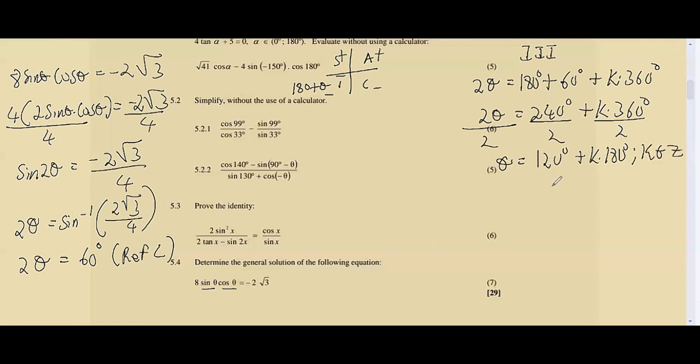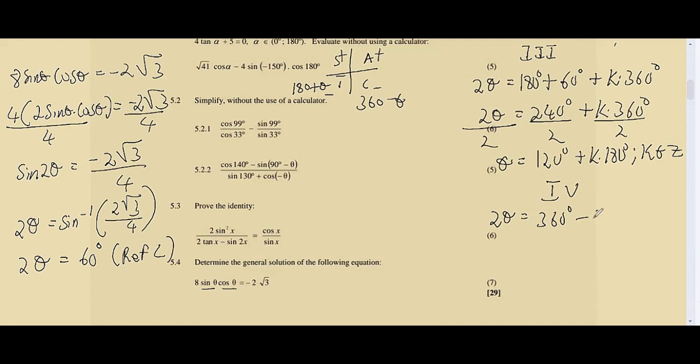Now let's find the general solutions in the fourth quadrant. So this will be 2 theta, and the reduction formula in the fourth quadrant is 360 minus theta.